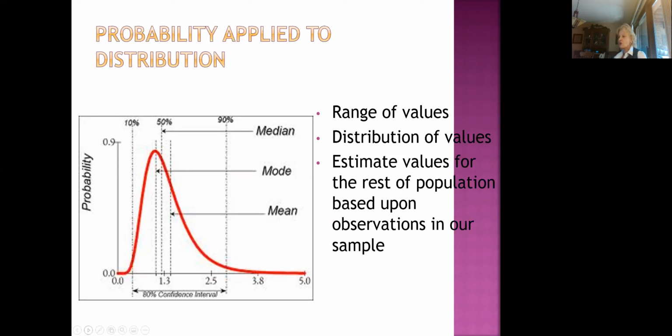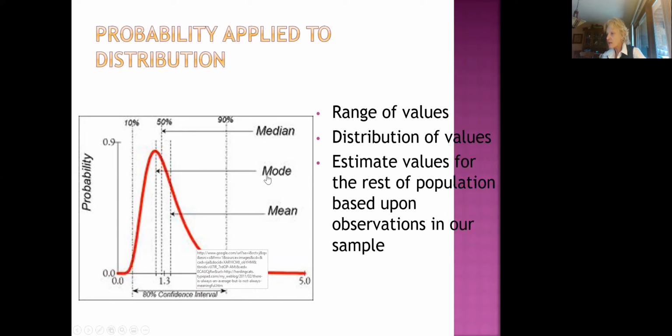So let's review just a few other terms. You can see the median. You remember, median refers to the middle. So that's the middle of your range, the ones that are smack dab in the middle, half below, half above. The mode is the most common. So you can see the mode is at the peak of our curve here.